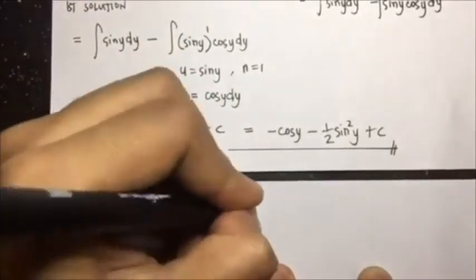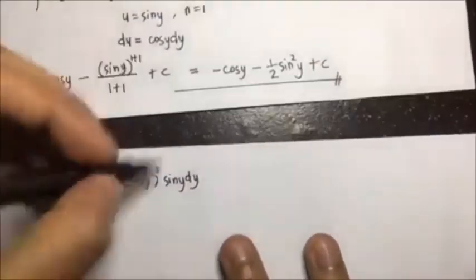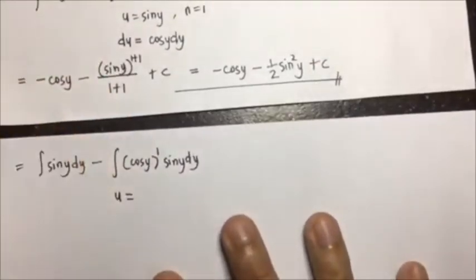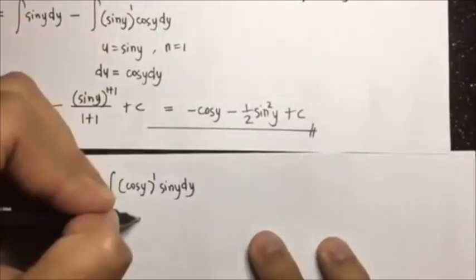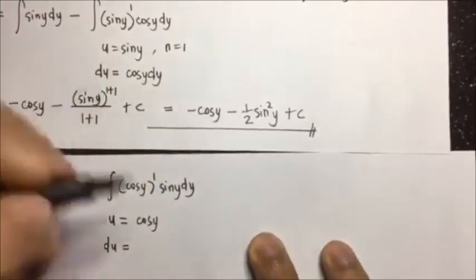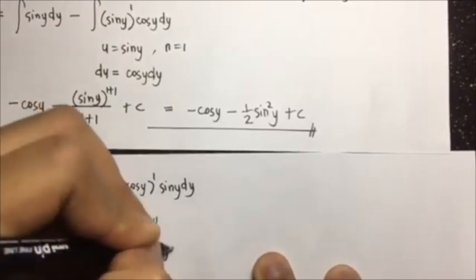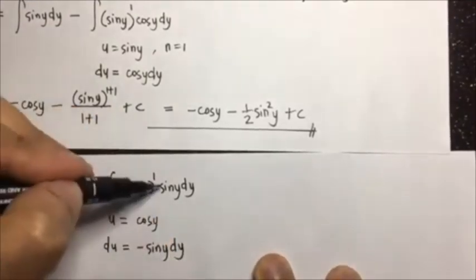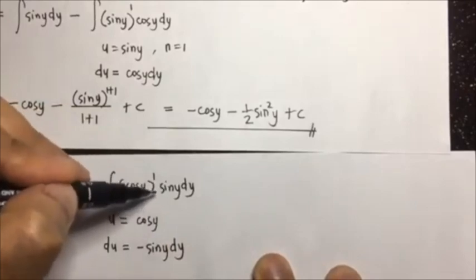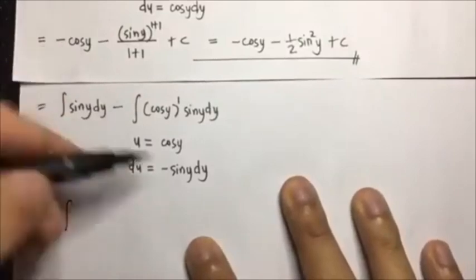Okay, so then if our u is equal to cosine of y, then our du must be, the differential of cosine is negative sine y dy. Okay, so we have a missing negative here. So therefore, we should complete the differential part.